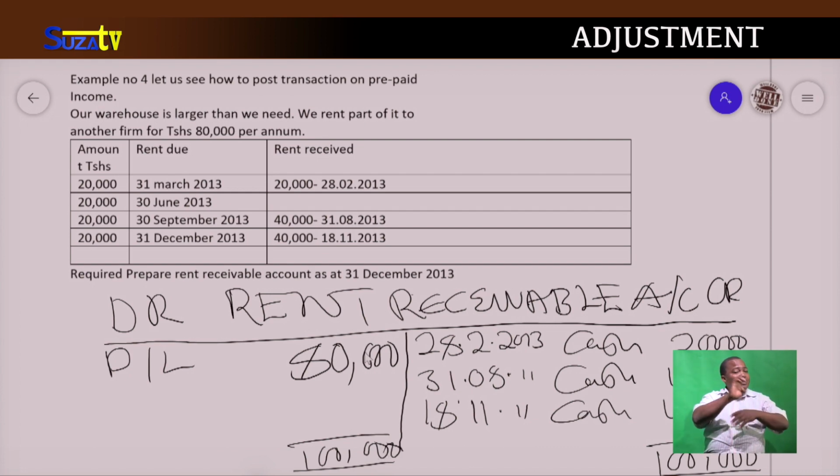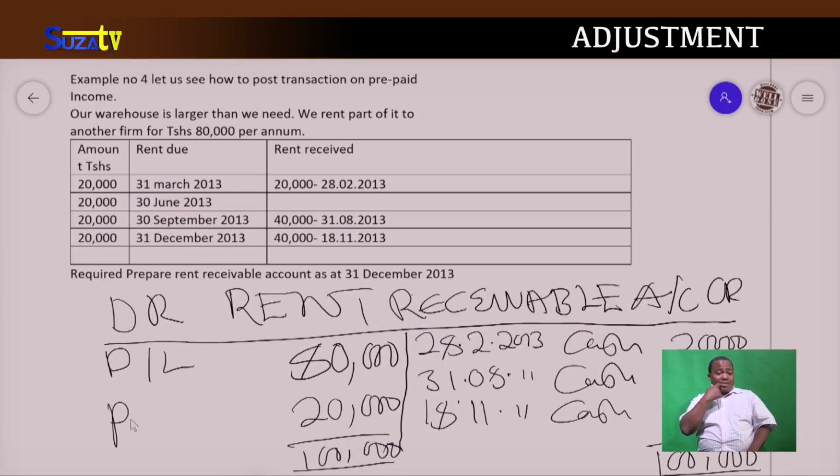You got 20,000. 20,000 is an amount received now, but the service will be provided in the future. Therefore, it is known as a prepayment.